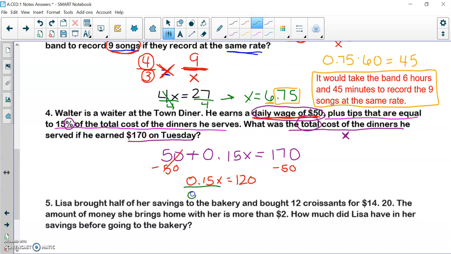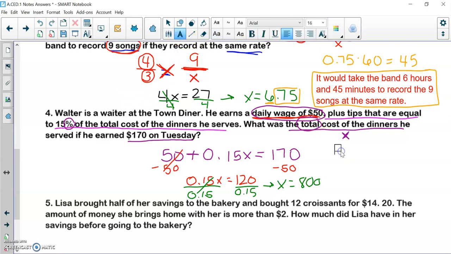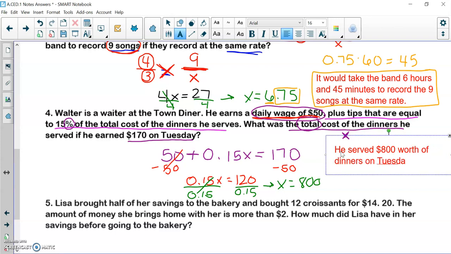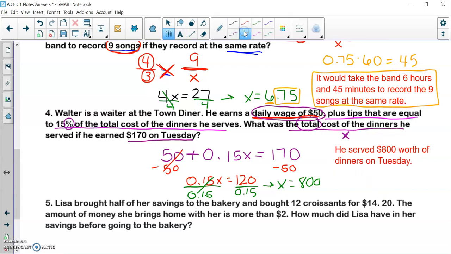I'm now going to divide by 0.15 on both sides to get X is equal to 800. So what this answer means, I'm going to type out a well thought out sentence: he served $800 worth of dinners on Tuesday. And that's it. All right, we have one more problem to do.